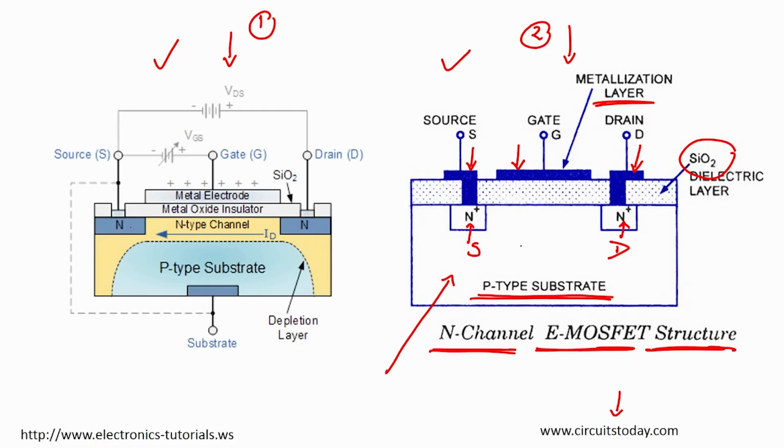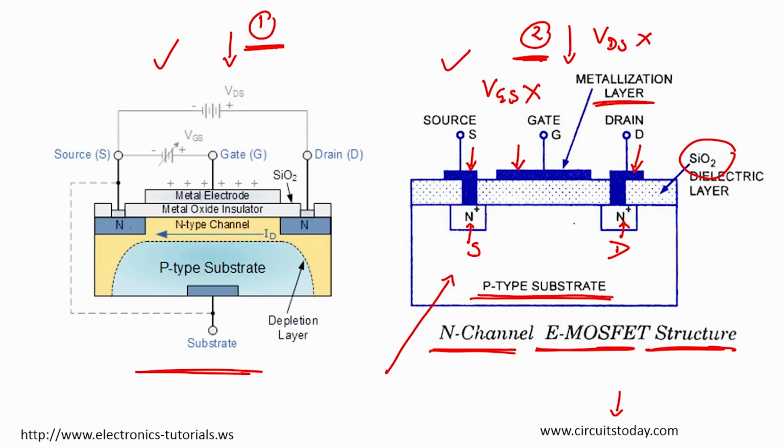So, this figure number 2 is similar to figure number 1. Here we have a p type substrate, and source and drain of n type. Now, we have not applied any voltage: VGS is not applied, and VDS is not applied either. That is why you cannot see any formation of channel.